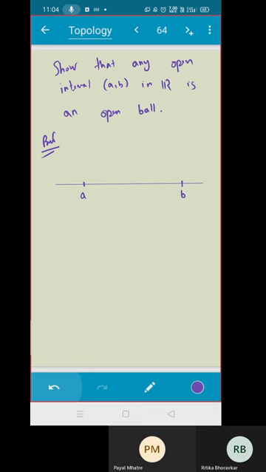Sir, the center of this set is (b minus a) by 2. No, (a plus b) by 2. Sorry, yes, center, and the radius is (b minus a) by 2. Do you agree, everyone?